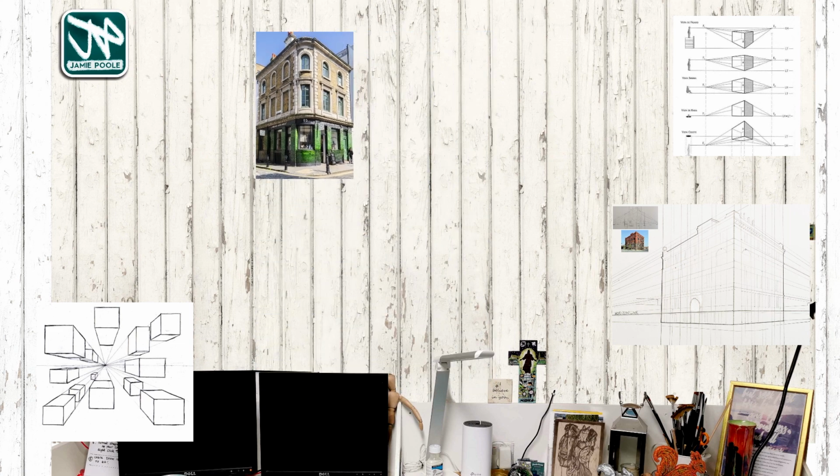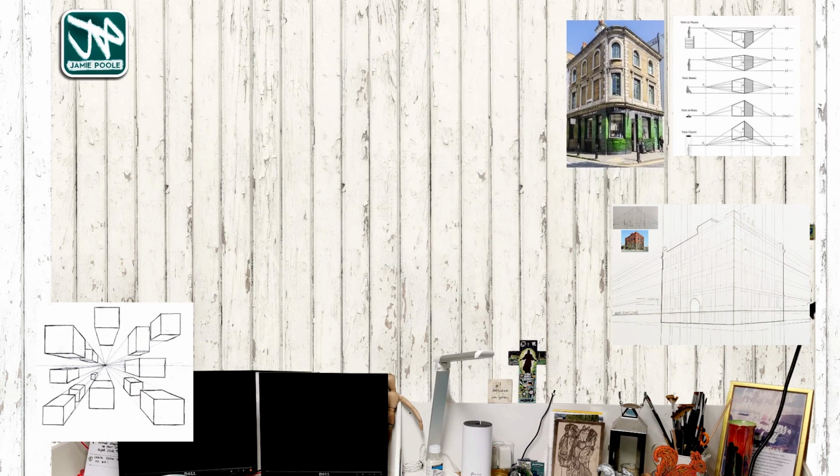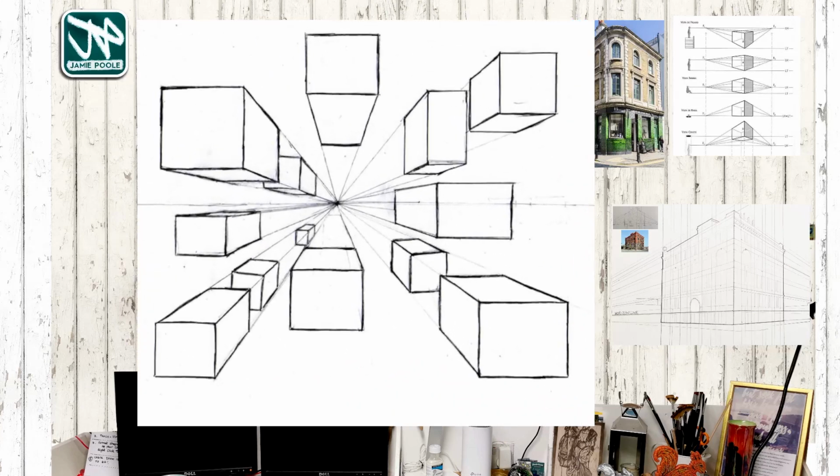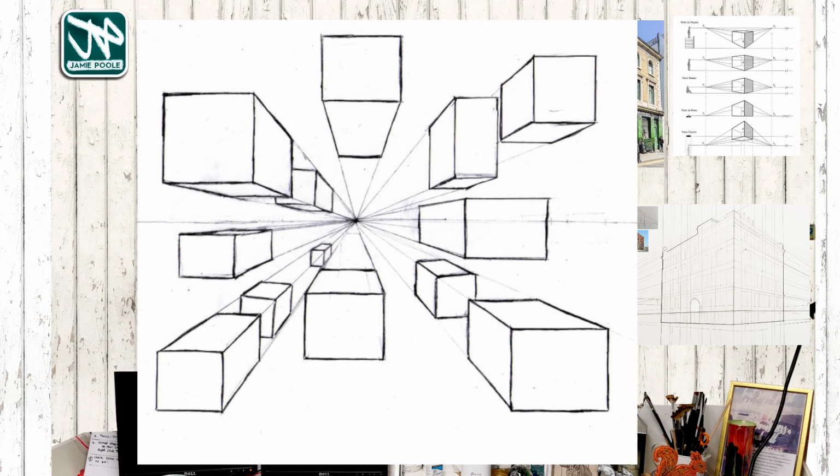So with single point perspective, it is as it sounds, which is literally one vanishing point and everything going towards that vanishing point. We can see the horizon line going through the center and where all the lines lead to in the center of the page.